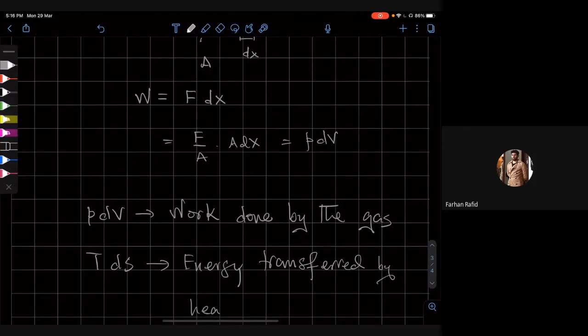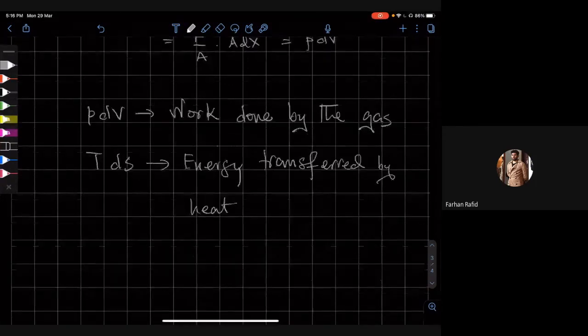Again, let me remind you, heat is not energy, it's a way of transferring energy, right?